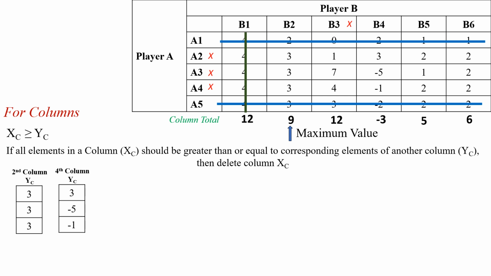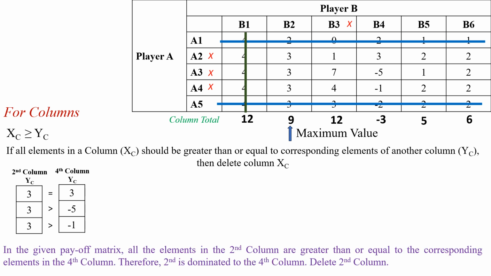So here 3 equal to the 3, and 3 is greater than the minus 5, and 3 is greater than the minus 1. So here in the given payoff matrix, all the elements in the second column are greater than or equal to the corresponding elements in the fourth column. Therefore, second column is dominated by the fourth column, then you have to delete the second column.